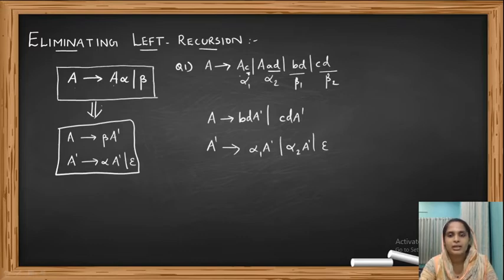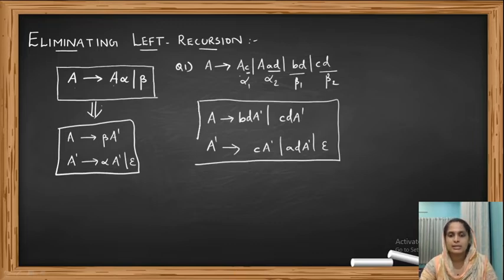We have already found that alpha 1 is C and alpha 2 is AD, right? So we can write it like C A dash bar AD A dash. So this is the grammar which is free from left recursion. This will be our answer. Clear? So let's move on to the second question.